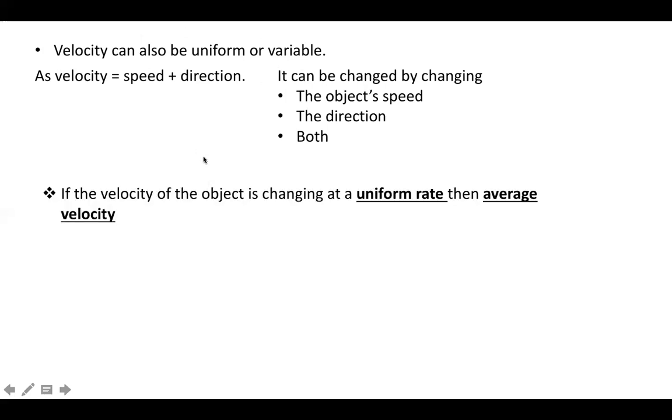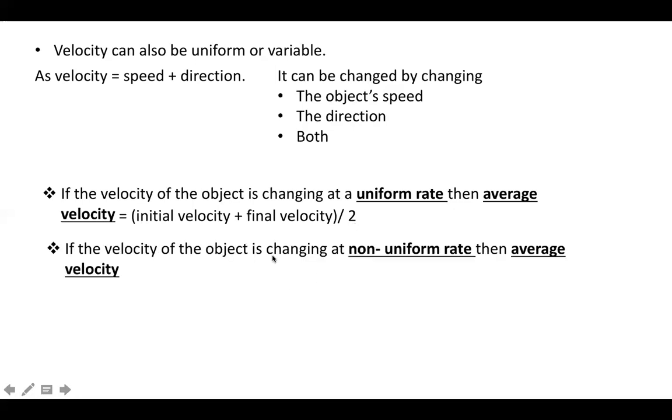So if the velocity of the object is changing at uniform rate, then average velocity can be calculated by this formula: initial velocity plus final velocity divided by 2. But if the velocity of the object is changing at non-uniform rate, then average velocity is calculated by dividing total displacement by total time taken.